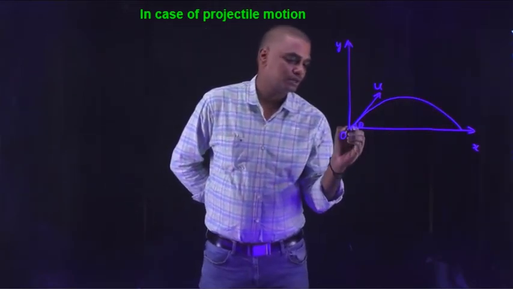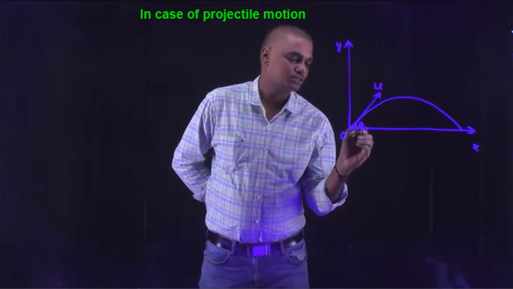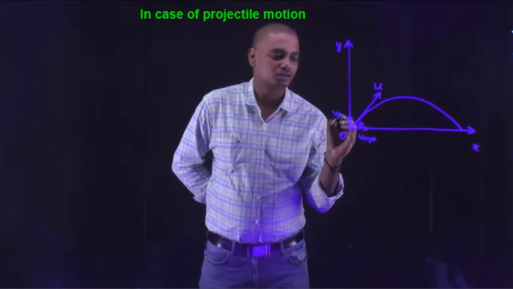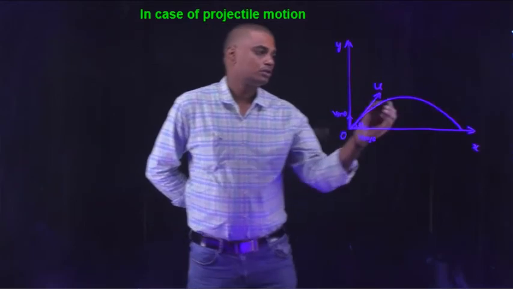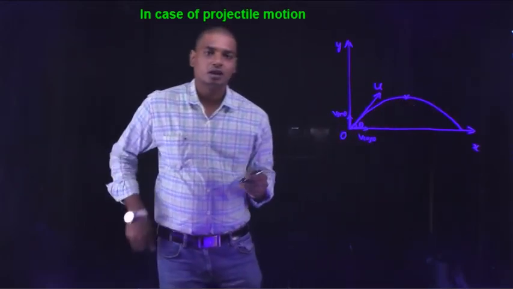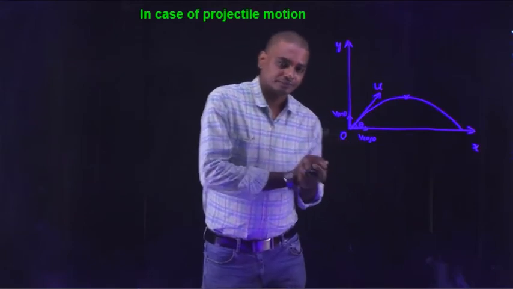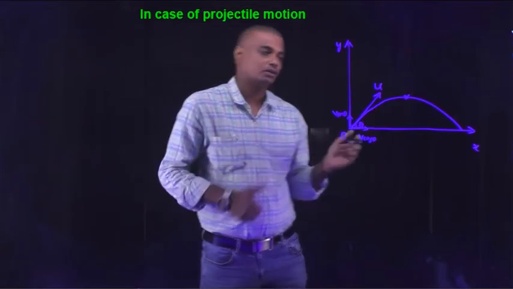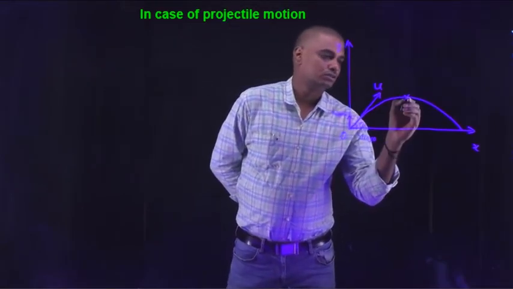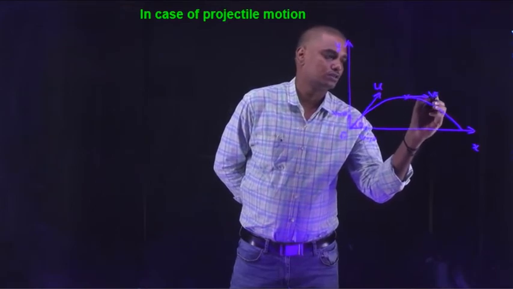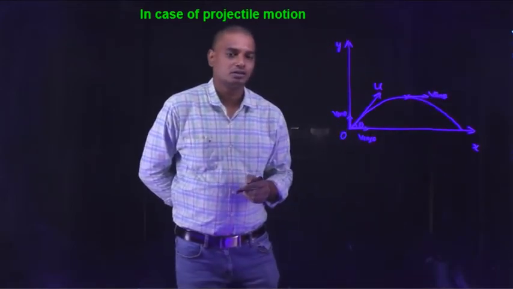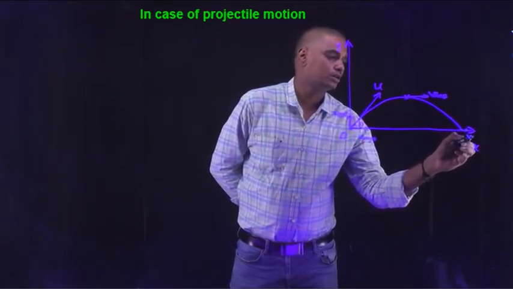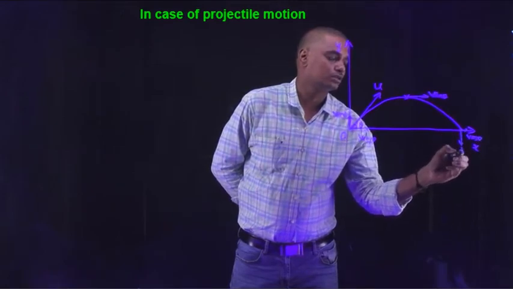So at this point the velocity can be represented into two components, v cos theta and v sin theta. Let this be the highest point, where only the velocity component across the horizontal direction is present and the velocity along the vertical direction is 0. And at the striking point the velocity can again be represented into two components, v cos theta and v sin theta.